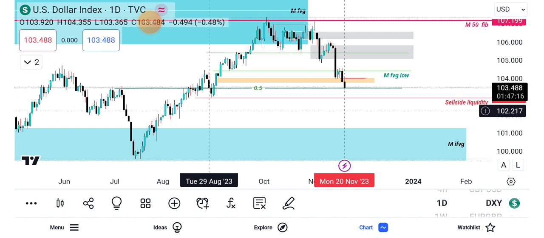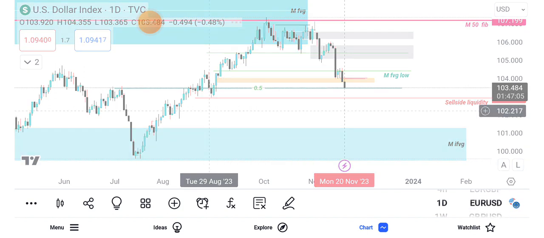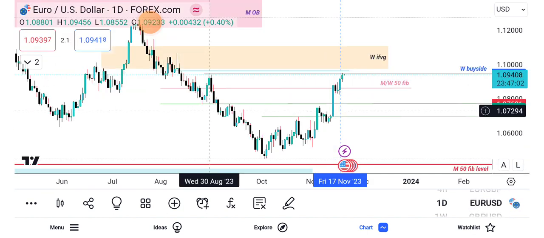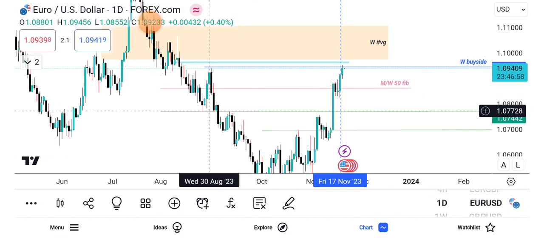So DXY will have to retrace into this sell side liquidity, because it is below the 50 level, whereas in EU we have already tapped into premium levels. We have also shortly engaged these buy side liquidity here.